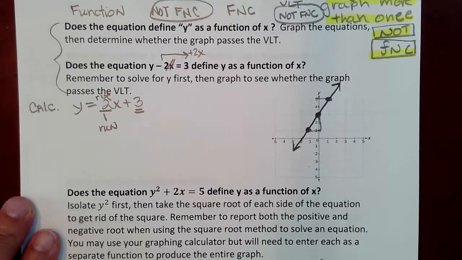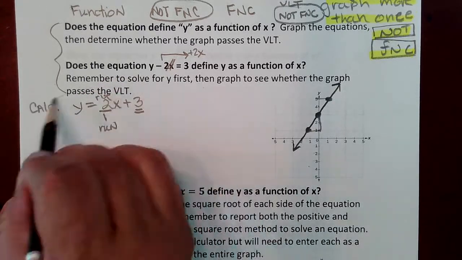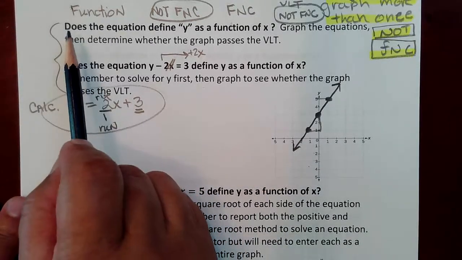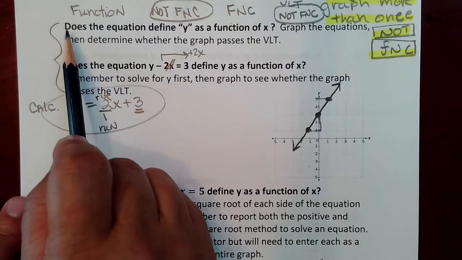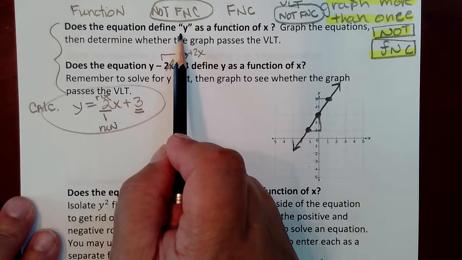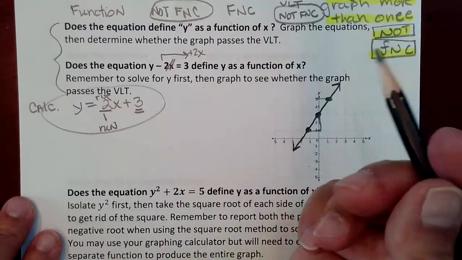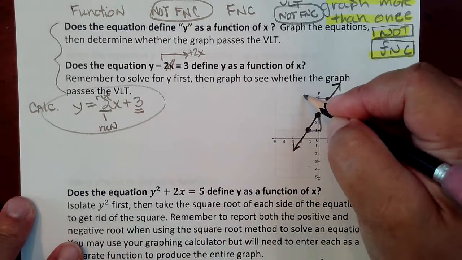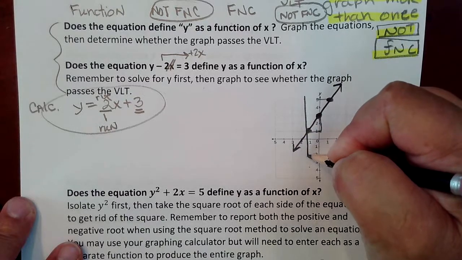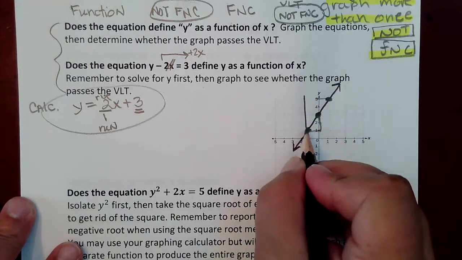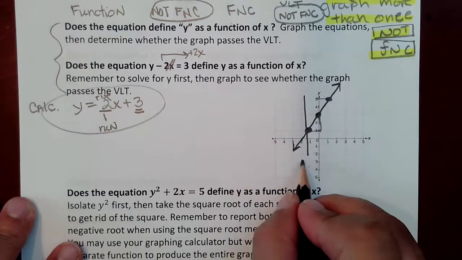But anyway, with respect to the equation and the actual question that they're asking, does this represent a function? That's what they're really asking when they say, does the equation define y as a function of x? They're just saying, is it a function? So yes, you see that no matter where you pass a vertical line, it could be here, it could be here, it's only going to cut through the graph once.